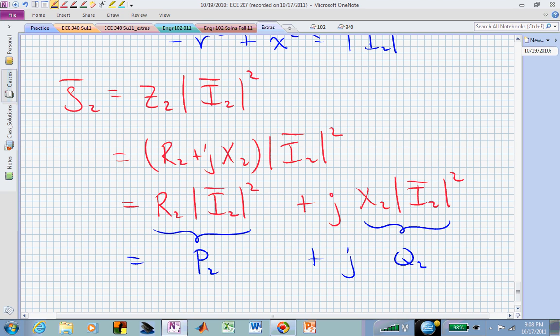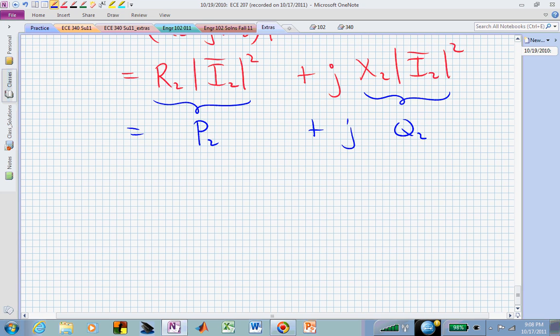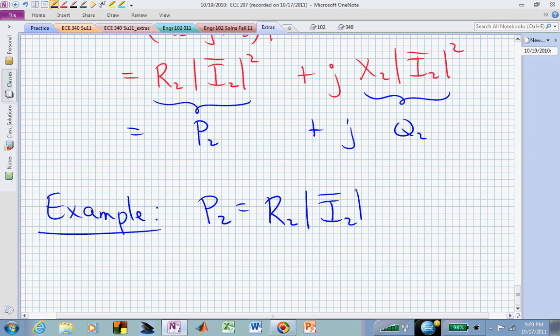If we were to look at our particular case, we would find that since X sub 2 was 0 in our example, P sub 2 is equal to R sub 2 times I sub 2 squared.